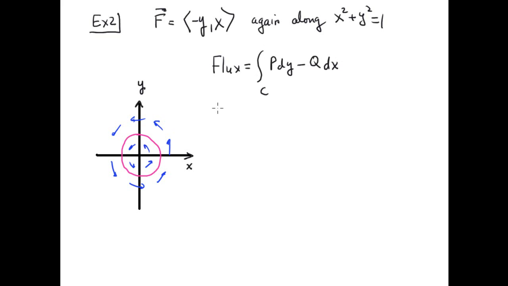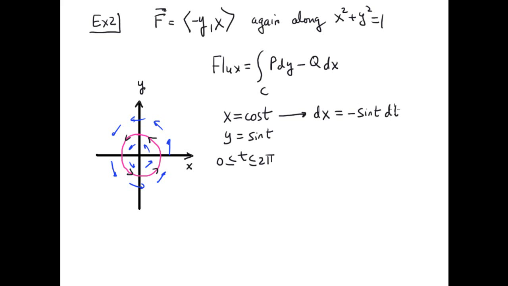It's a circle, so the best way is using the parametrization with t. x is cosine t, y is sine t, and t varies from 0 to 2 pi. And the orientation, I suppose, is in this direction, counterclockwise. Now, dx is minus sine t dt, and dy is cosine t dt.